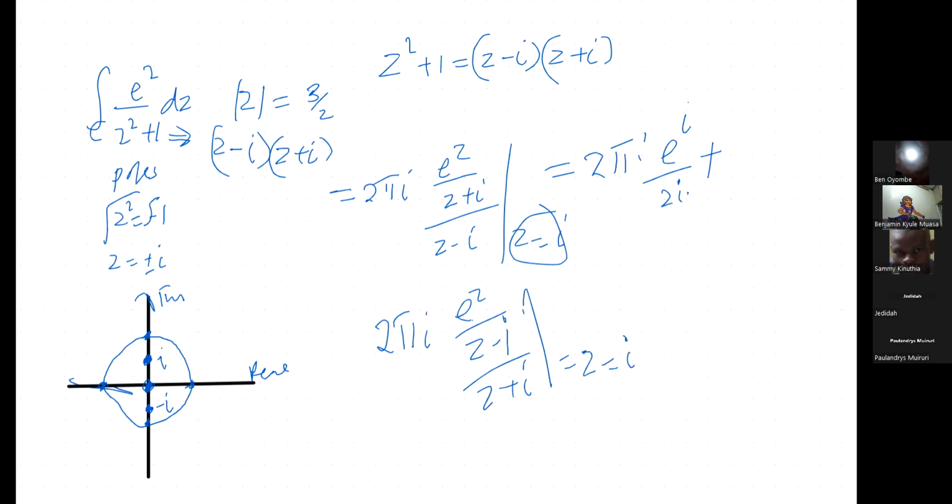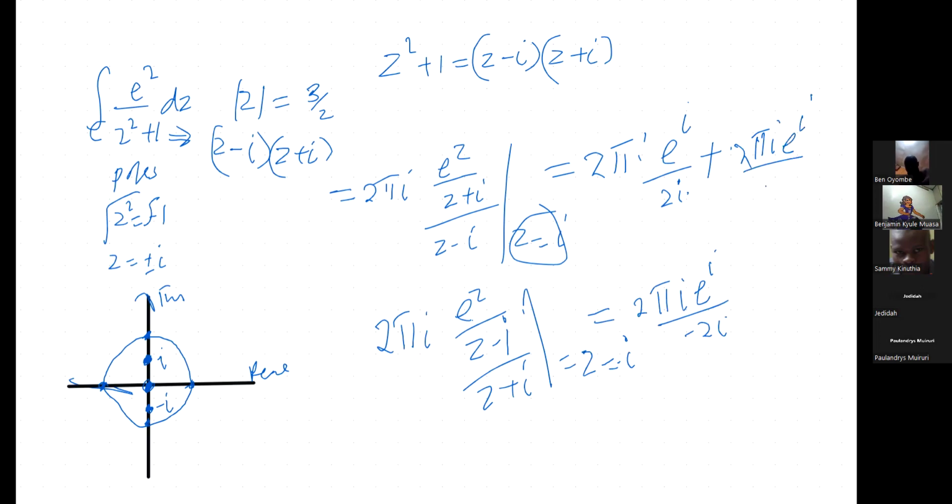When you substitute, you get 2 pi i times e to the power minus i divided by minus 2i.